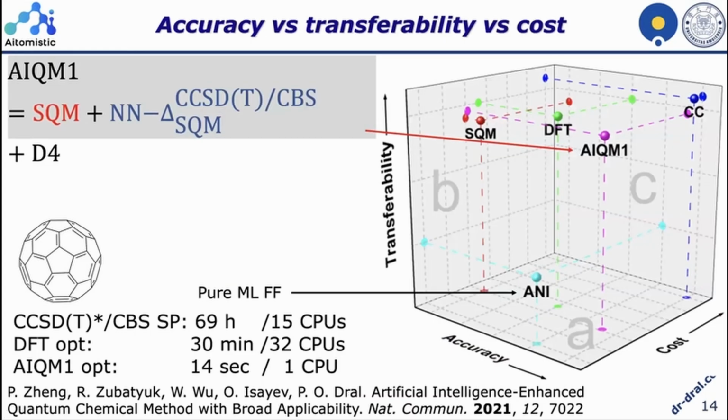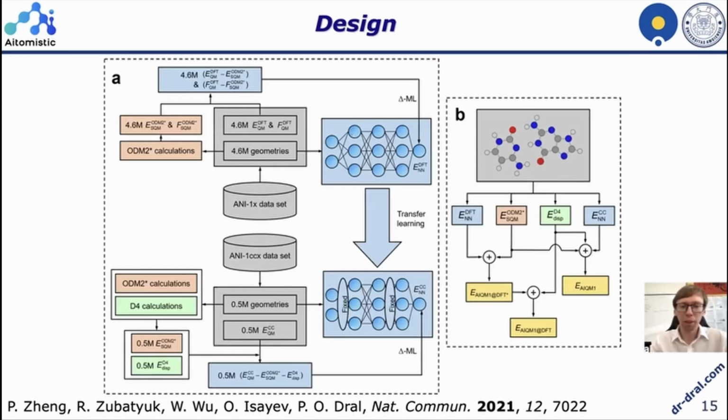So this robustness is based on combining some empirical methods baseline and then doing delta learning corrections for energies and forces, plus dispersion corrections to ensure correct treatment of non-covalent interactions. And the nice thing about it is that we elevate some empirical accuracy to almost coupled cluster accuracy. How do we do this?